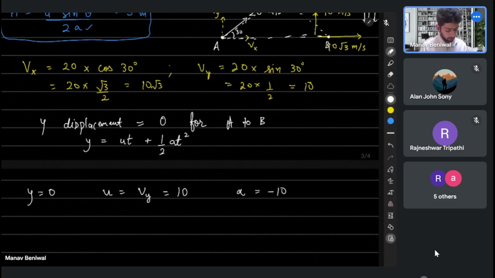So this equation becomes 0 is equal to 10 times t plus half a, which is minus 10, times t squared. So we can cancel out 1 t, and we can write 0 is equal to 10 minus, so this will become 2 and this will become 5, minus 5t, and this will give you t as 2 seconds.